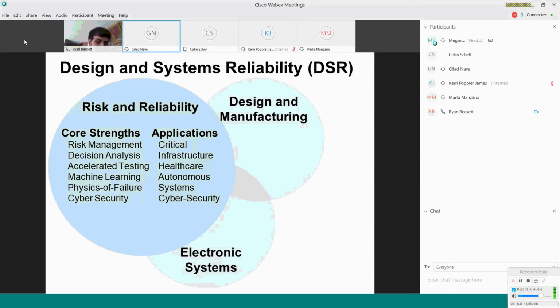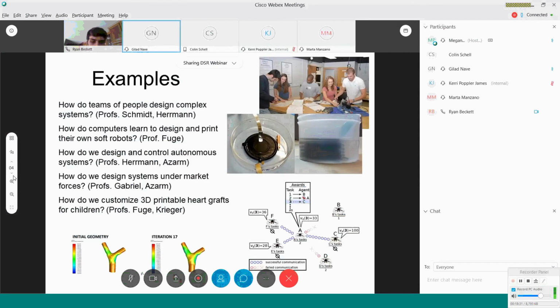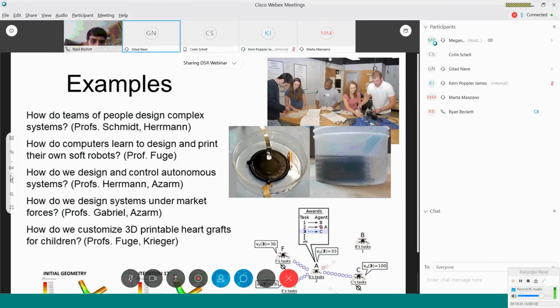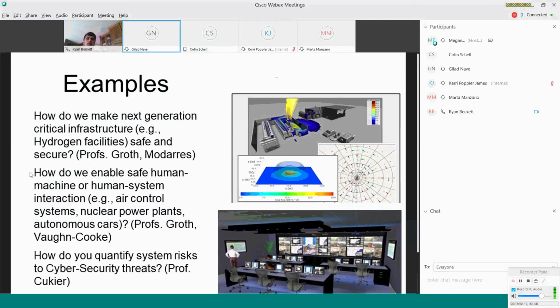And examples of the work that's going on there include how should we design our critical infrastructure for improved risk and reliability.